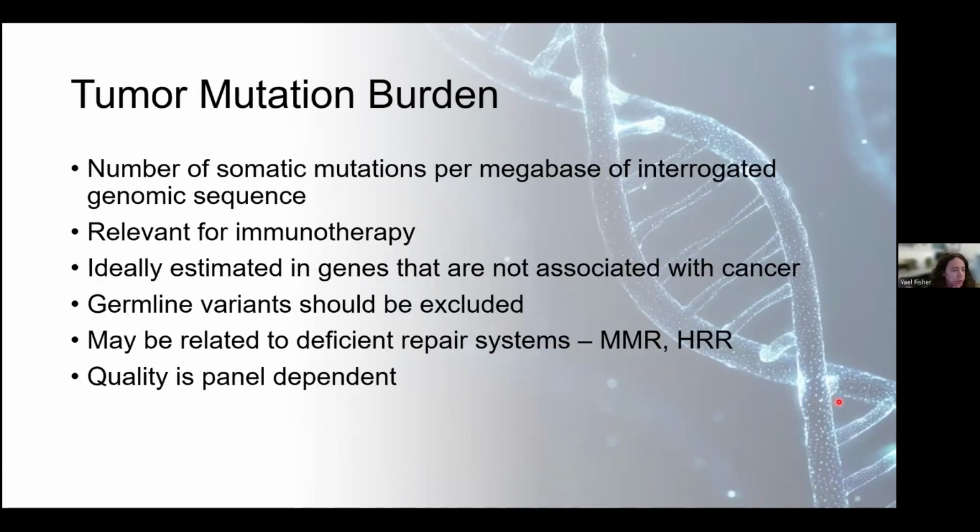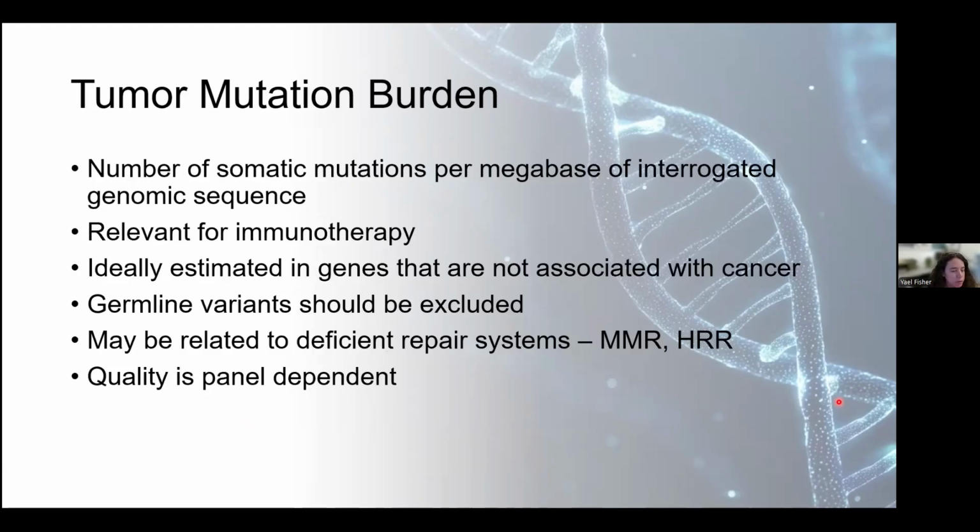Another term you must have heard about is tumor mutation burden. What this means is the number of somatic mutations per megabase of the genomic sequences that we interrogated. It's relevant for immunotherapy, and it's ideally estimated in genes that are not associated with cancer.